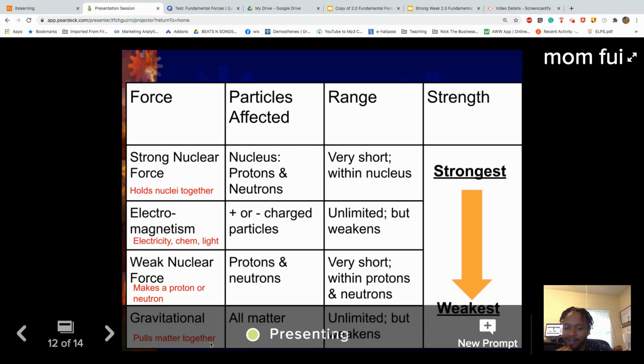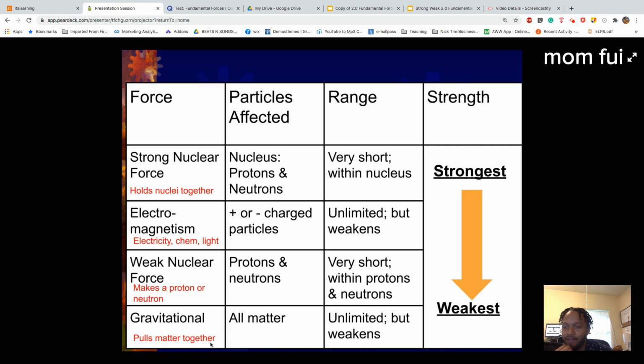So it deals with mass, and if you have an object that has mass, it will form a warp in space-time. Remember what I said last week. If we have the sun inside of a trampoline, it will cause a warp in that trampoline. Or let's not say a sun.